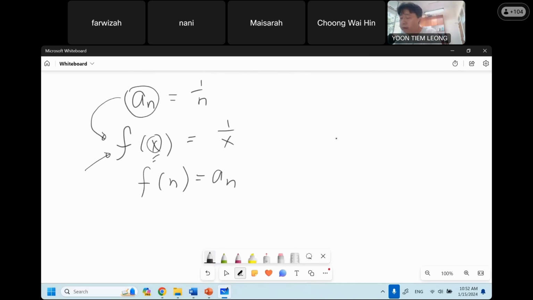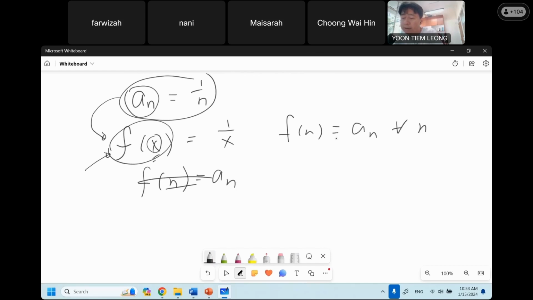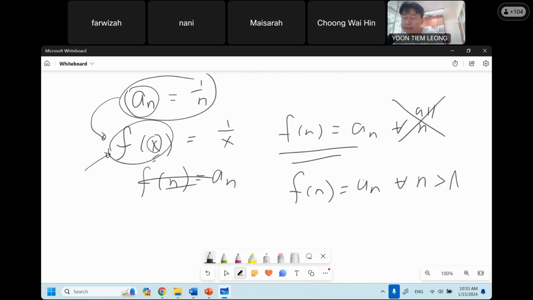Given a sequence, you can always come up with a function, and you don't need f(x) to be equal to a_n for all n. You only need f(n) equal to a_n for all n that is larger than some number n naught, where n naught is just a positive number.